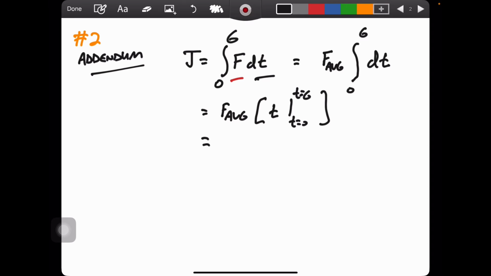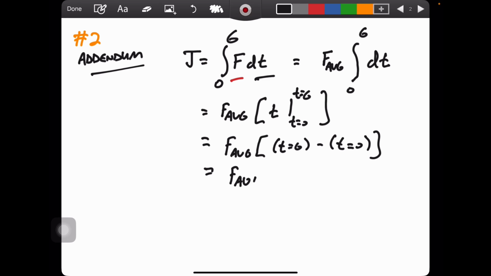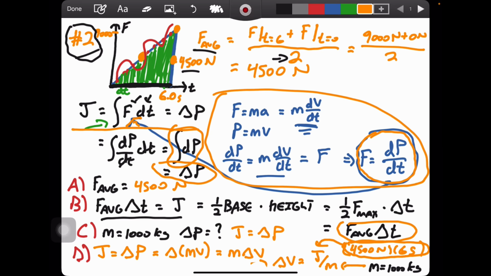So this simply is going to be f average multiplied by t equals 6 minus t equals 0. And that quite simply is going to be f average multiplied by 6 seconds, which again is equal to f average delta t, which, as I showed you symbolically, you could think of as the area under the curve of force versus time.